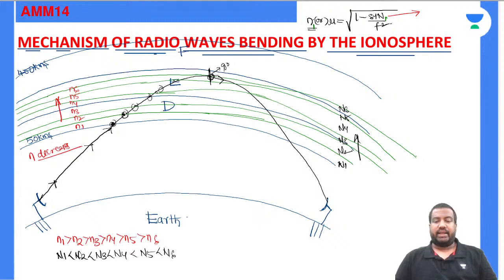How is the ionic density? N, capital N value. Is it maximum or minimum?